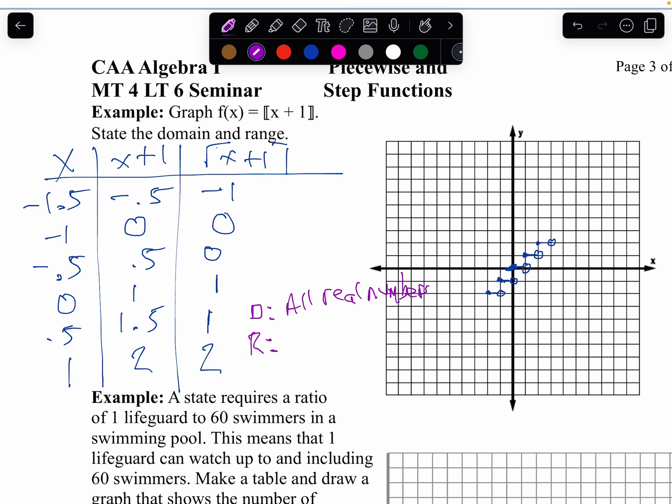These are just plain old integers. No fractions or decimals. So like negative 3, dot, dot, dot. Negative 3, negative 2, negative 1, 0, 1, 2, 3, dot, dot, dot. And that's what we do for that one.